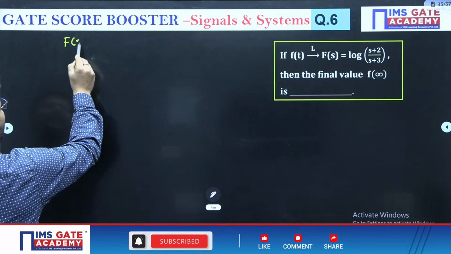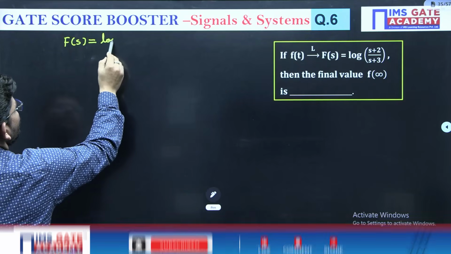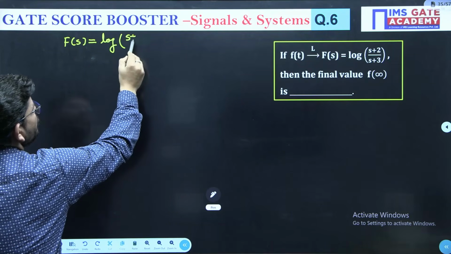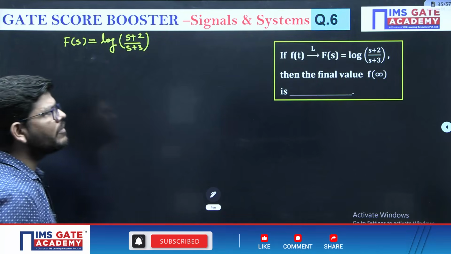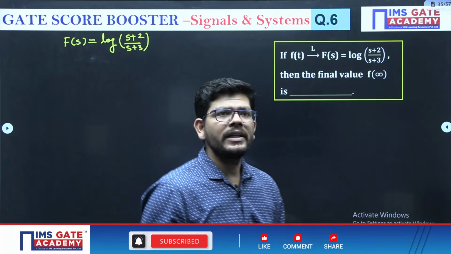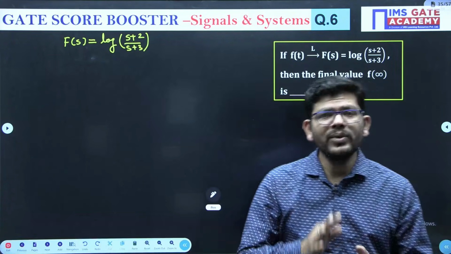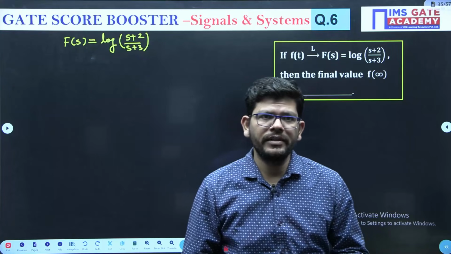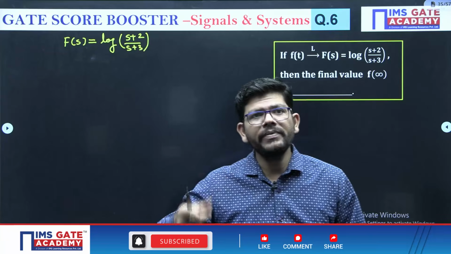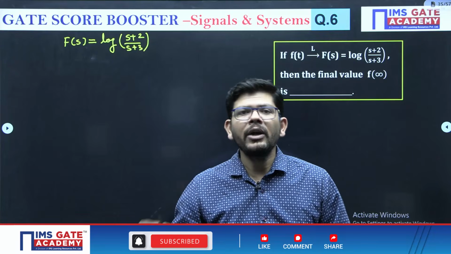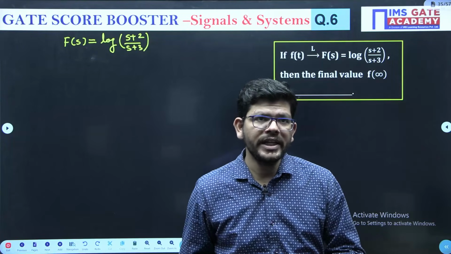Now you see that the Laplace transform is log of (s+2) upon (s+3). Remember one thing, whenever there is log present, to get rid of log you have to differentiate. Now log is present in the frequency domain, so we will be differentiating in the frequency domain. Now ask yourself, when do we differentiate in the frequency domain?